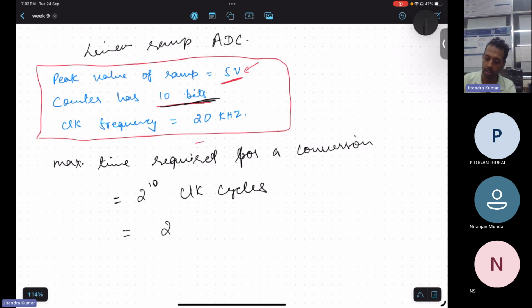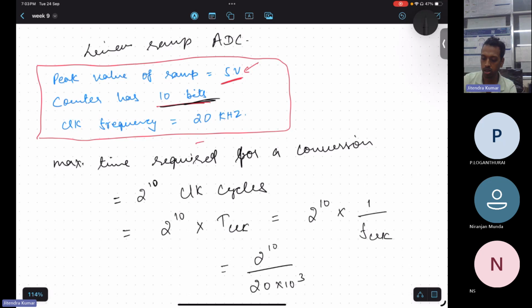So 2 raised to power 10 clock cycles into time period, which is equal to 1 by f clock, will be equal to how much? 20 kilohertz. If you calculate, it will be 51.2 millisecond.